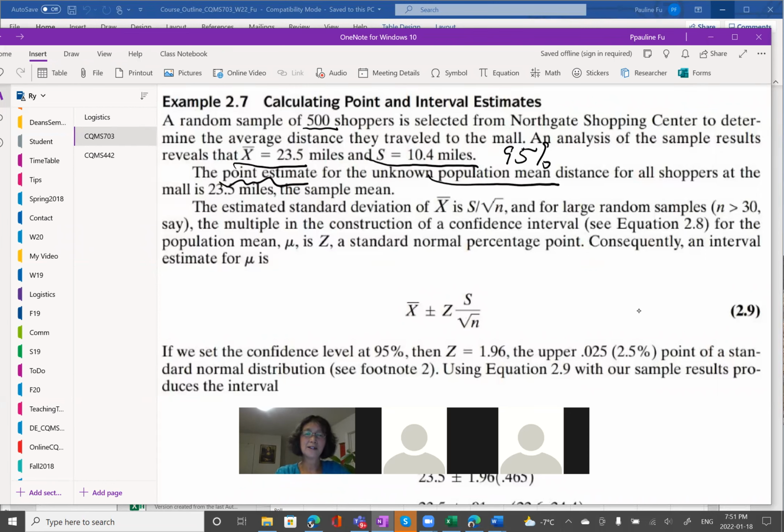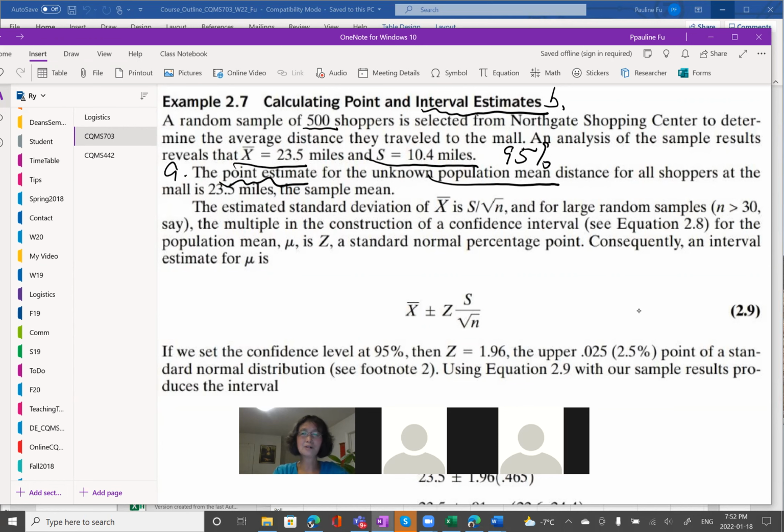Another one is interval. So you are asked two questions. One, what is the point estimate for the population mean? Question two, what is the interval estimate for the population mean? The two questions are based on the same sample data set, and both are targeting the population, not the sample.